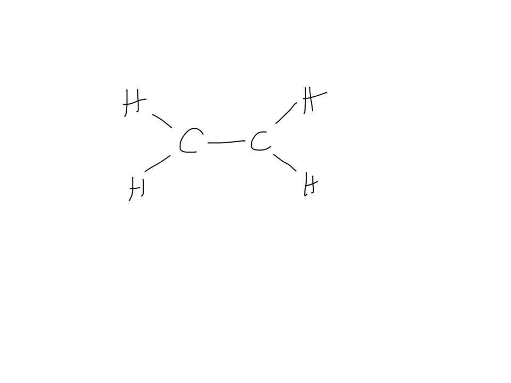And then you want to put in the unhybridized p electron on each carbon. Then indicate that there is a sideways overlap, and then you're going to label that as a pi bond.